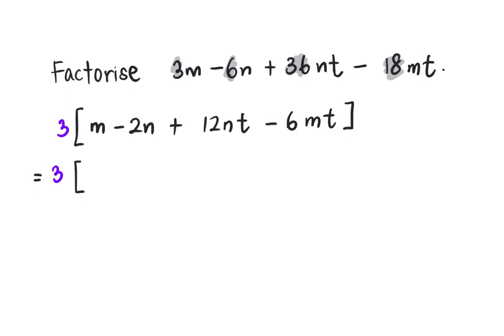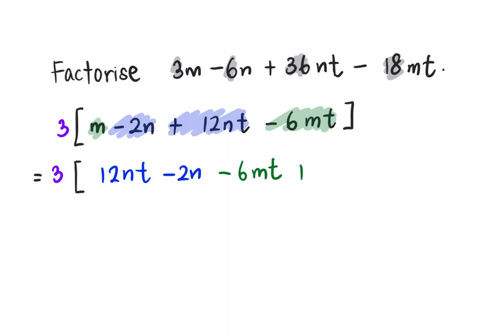So I will have this 2, as 1. So you will see Mr. Tan writing 12nt minus 2n, and my m and negative 6mt, so negative 6mt, positive m.